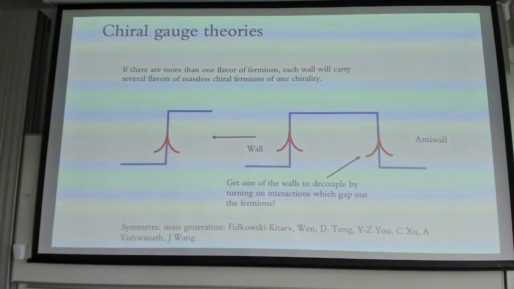And so there have been several proposals exploring this idea, and they're all inspired by, at least the recent work on this idea has been inspired by this paper by Fidkowski and Kitaev for 1+1D Majorana chains, where you have a wall and an anti-wall, you will have Majorana edge states living on the two walls, and you can gap them out on one wall by just turning on some quartic interaction.